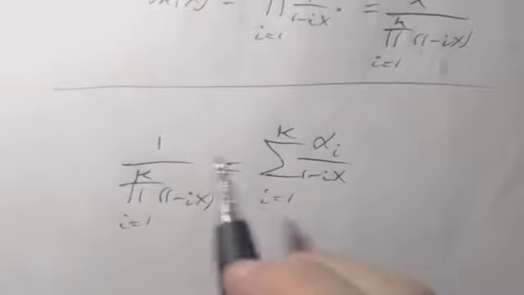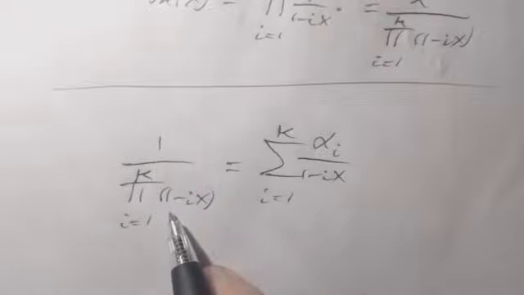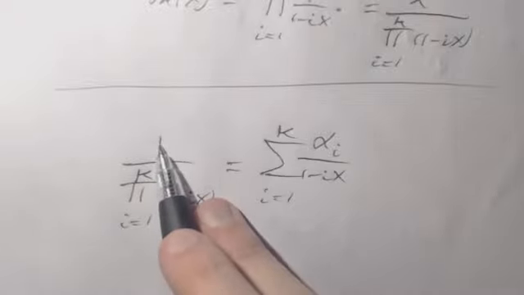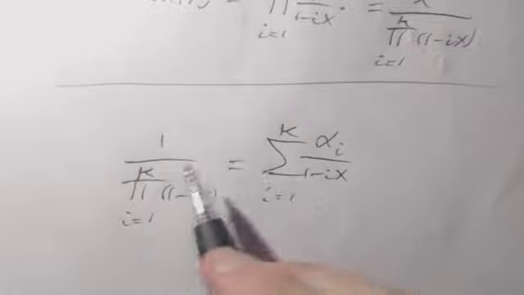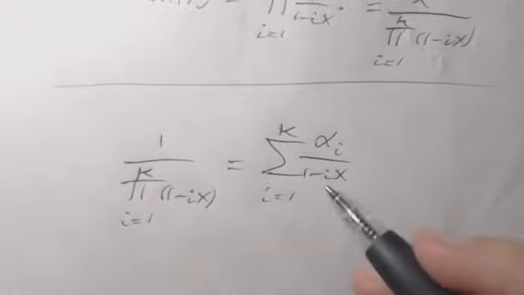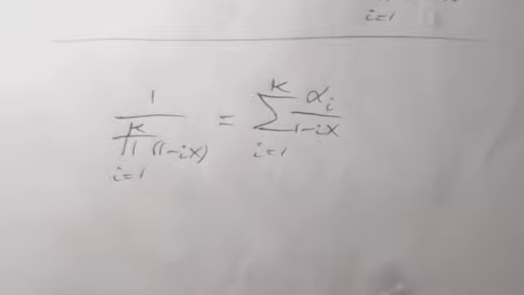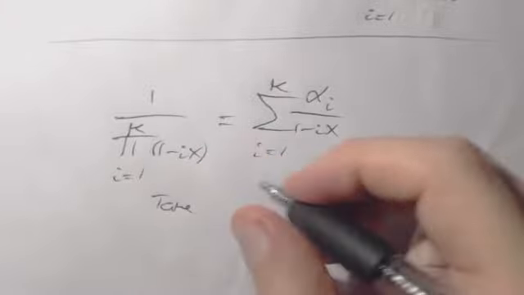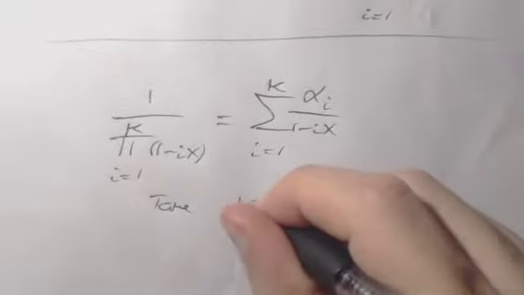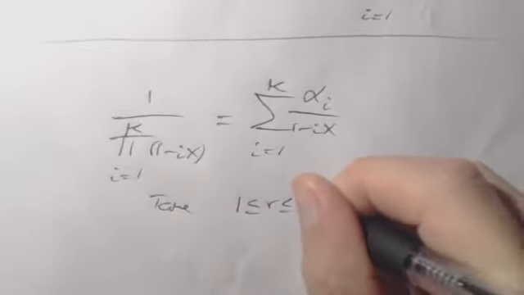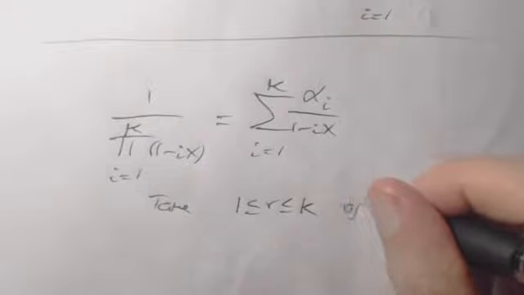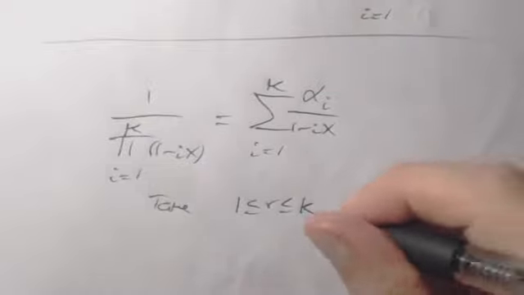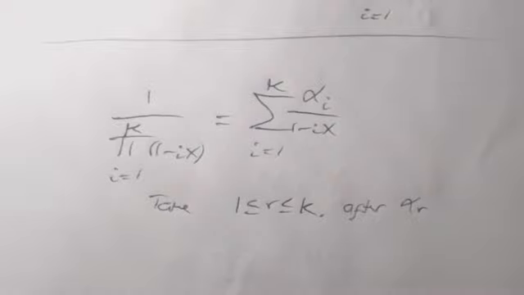I notice here they have a 1 on top of their partial fraction. They're not using an x to the k, which is the form of the thing we're actually after. But anyway, we take some r between 1 and k, and we're trying to find alpha_r.